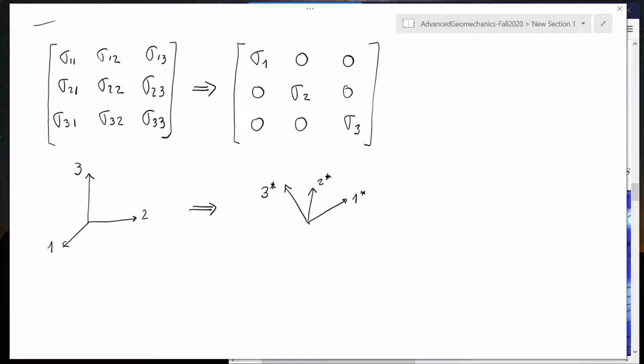All right. When I write the stress tensor as principal stresses, usually the maximum principal stress sigma 1 goes on the top left, and this maximum principal stress is going to be equal or larger than the intermediate stress sigma 2, and this is going to be equal or larger than the least principal stress sigma 3.